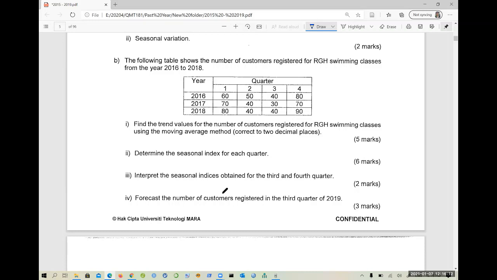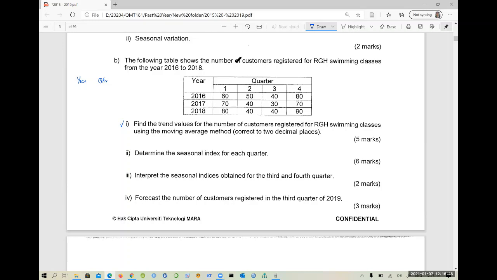For the first part, what you need to do is rewrite this data in column form. You have year and quarter, so you're going to have 3 years and 3 quarters. So you have years, then quarter, and finally the given data.